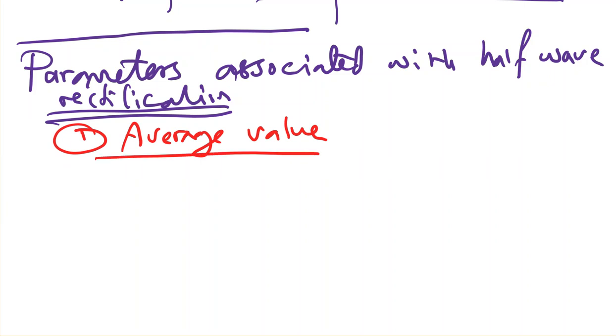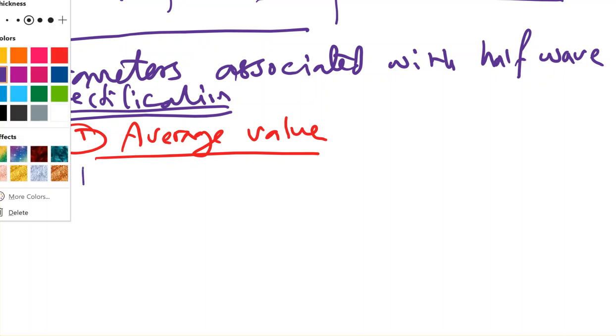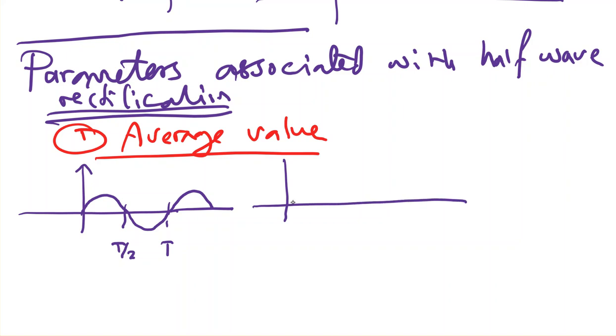As we said, if that was my original signal, which is the AC power supply, we said this is T over 2 and this is T, and we mentioned that our output will be only like this. So from the mathematical, this is V input, this is V output, and this is Vm.